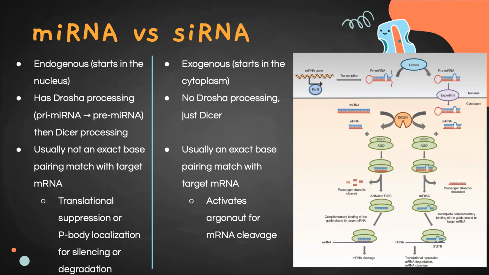Correct me if I'm wrong, Melissa, but RISC and Argonaute are a protein complex that's always around in the cell for when it needs to be used.